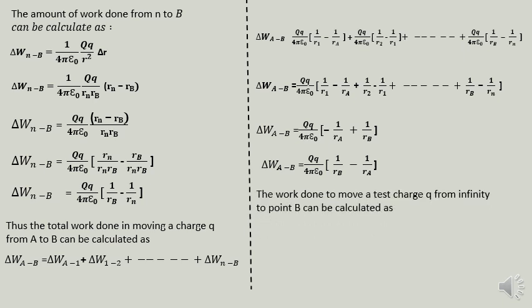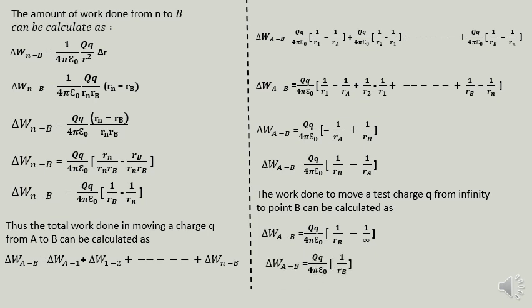The work done to move a test charge q from infinity to point B can be calculated as, now we have to calculate the total work done from point infinity to point B, यानी कि उस पॉइंट से जहां चार्ज सबसे पहले मौजूद था और उस पॉइंट तक जहां पे हमें इस चार्ज को लेके आना है, वहां तक जब वर्क डन कैलकुलेट करते हैं तो we know that delta W A to B is equal to Qq upon 4 pi epsilon naught 1 over RB minus 1 over infinity, because RA is a point at infinity.